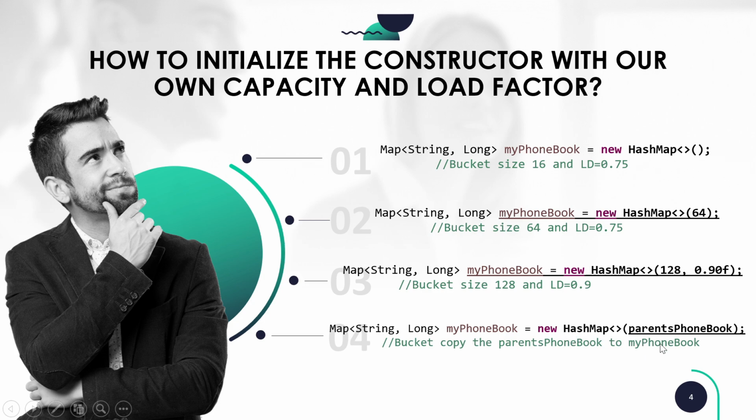You can also copy an entire map into your HashMap by providing it as part of the constructor. So the constructor also allows something like this. This will copy the entire parent's phone book to myPhoneBook completely at the time of creation of the HashMap.